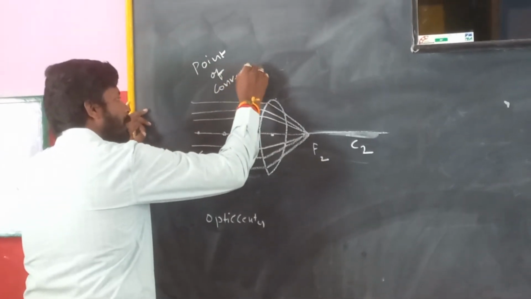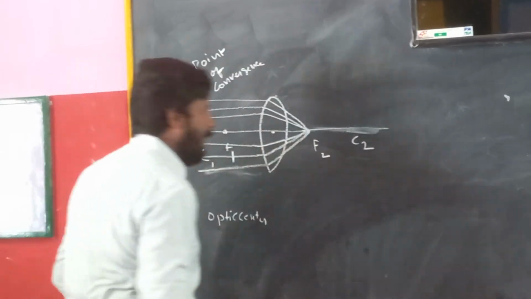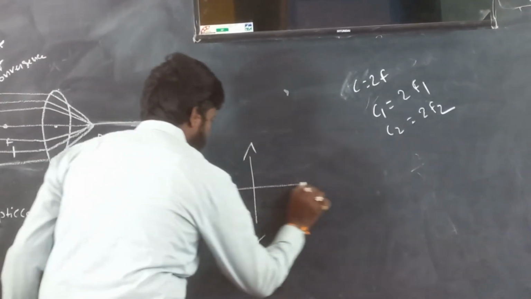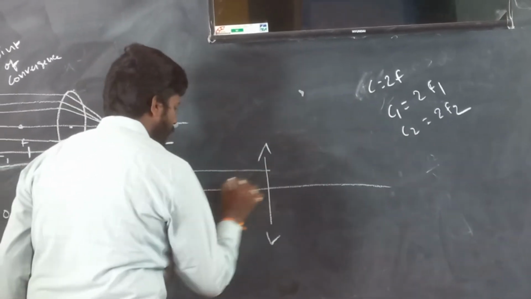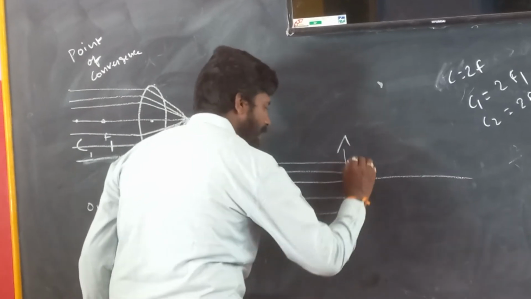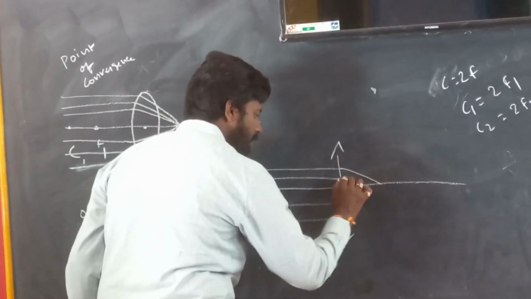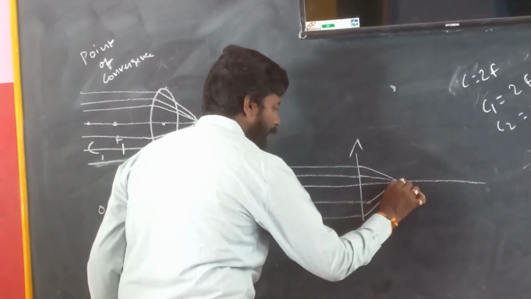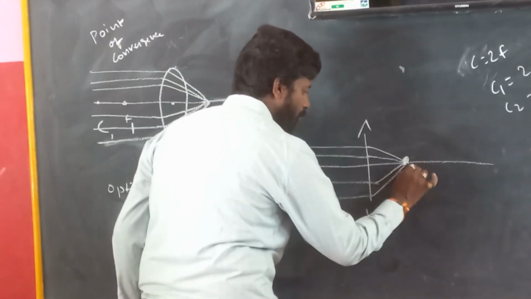This convex lens can also be represented like this. Draw the same diagram, draw the lines parallel to the principal axis, and as a result, the rays will be converging at one point, and the point of convergence is called the focal point.